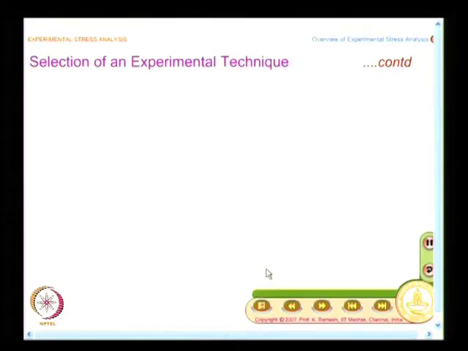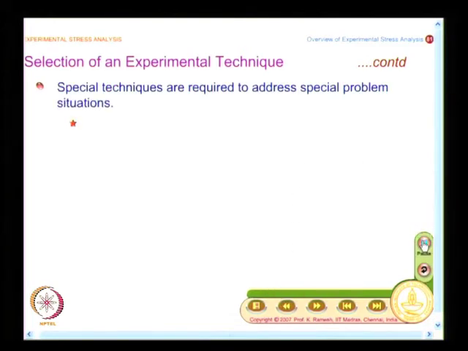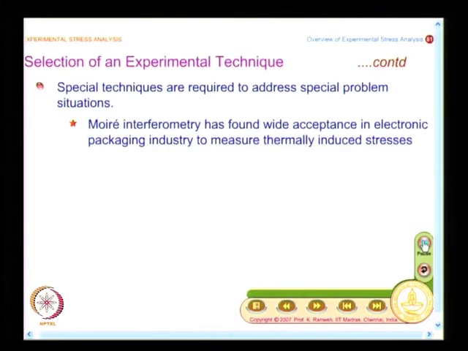So day to day design problems you can handle, and also special situations. You can always fall back on either photoelasticity or strain gauges. For special situations, you have to go in for special techniques. You need special techniques to address special problem situations.